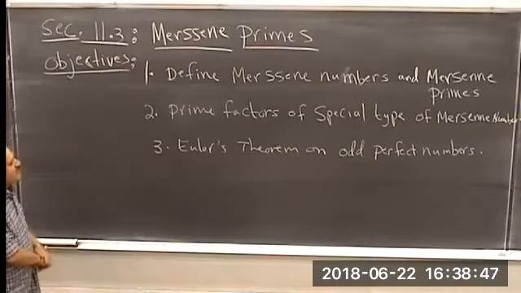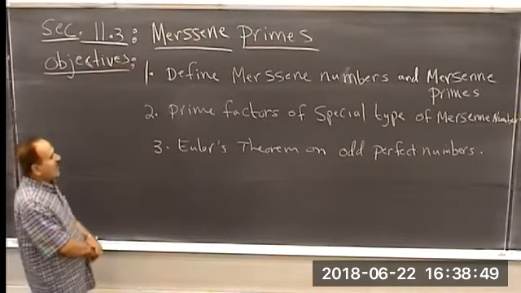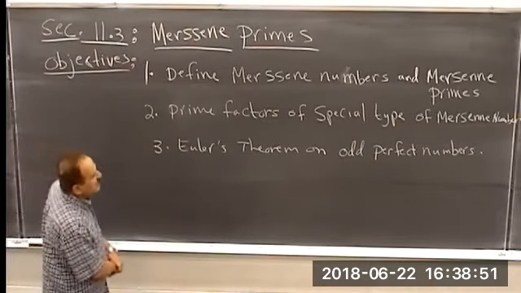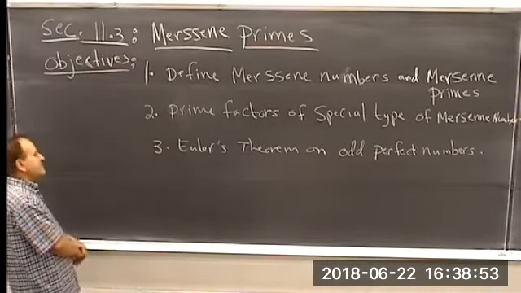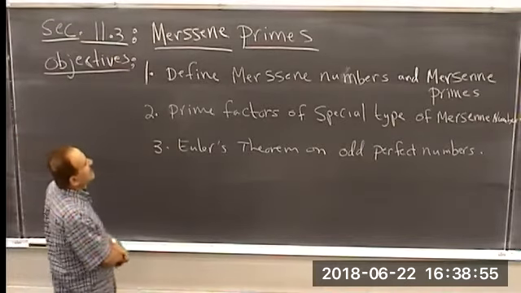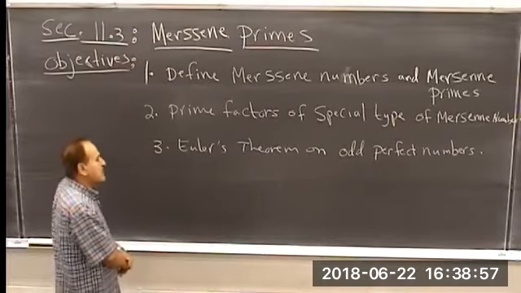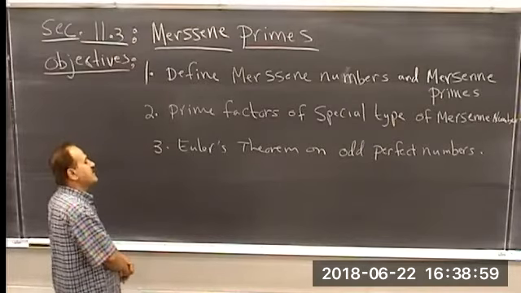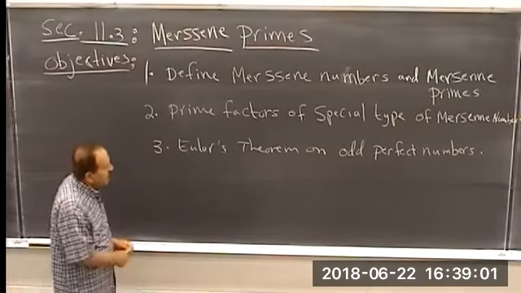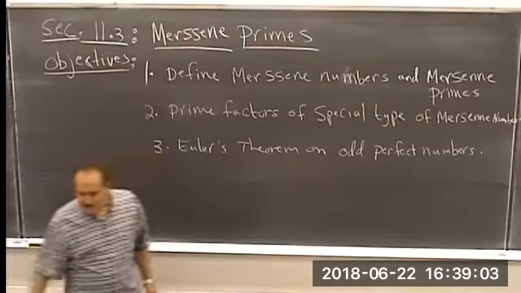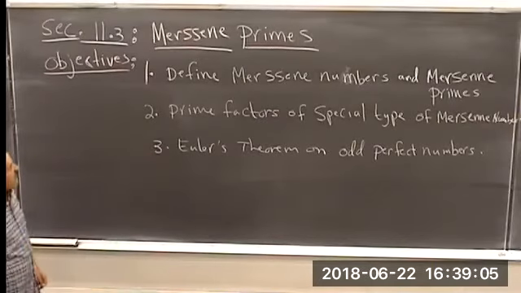Even though, as we're going to see, no odd perfect numbers are known, we're going to give a condition, if we look for odd perfect numbers, on what kind of condition they must satisfy. All right, so let's start with the definition.